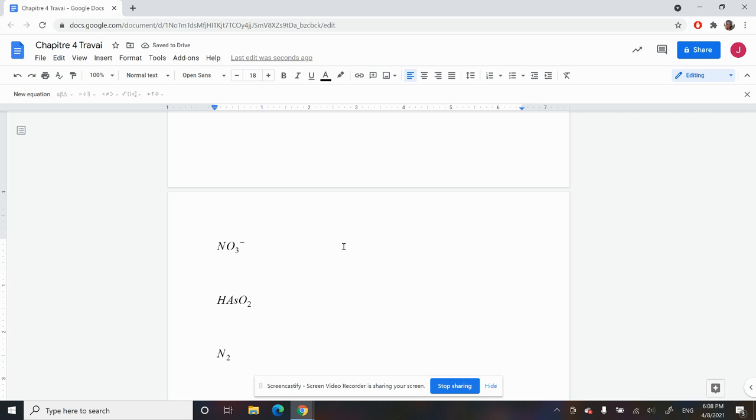For NO3, I don't know anything about nitrogen. I do know that oxygen has an oxidation state of -2. I'll do some algebra, but here, instead of being equal to 0, it's going to be equal to the charge of the polyatomic ion, which in this case is -1.